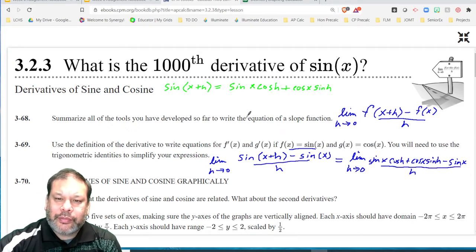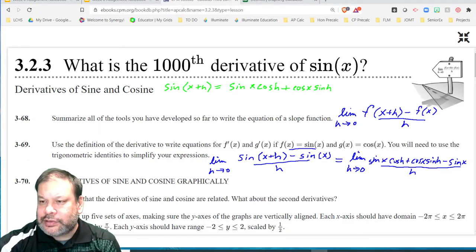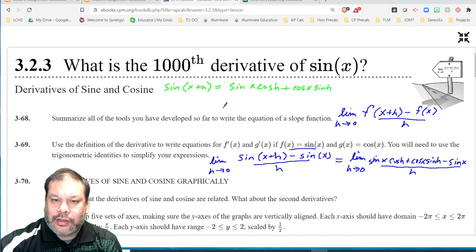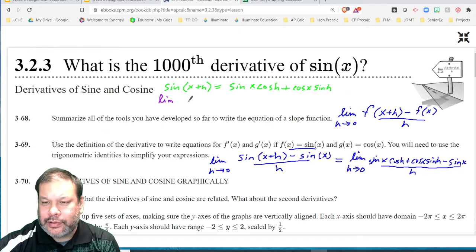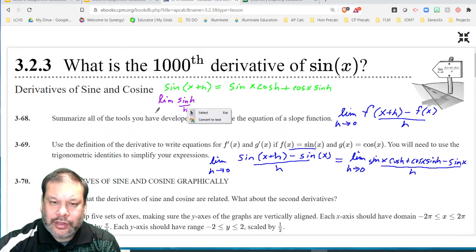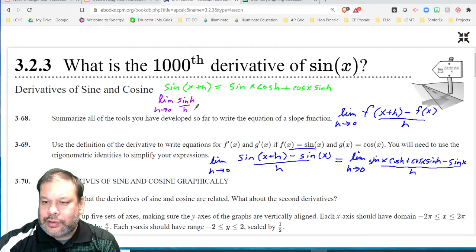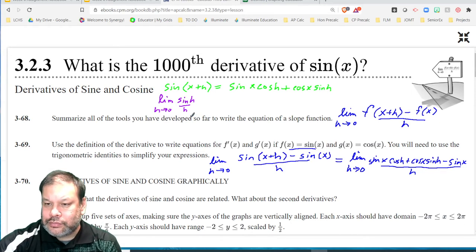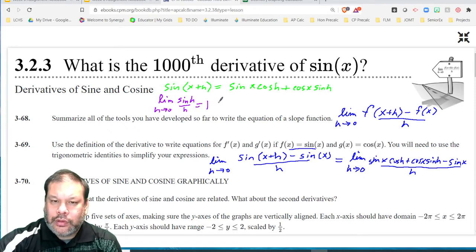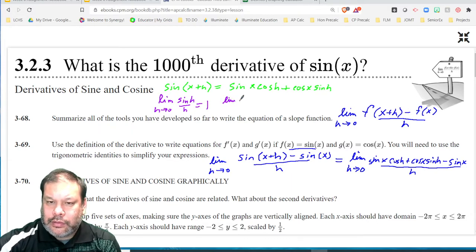So the other thing we have to remember is from chapter 2, we learned some of the limits of sine of h over h as h goes to 0, which is going to equal 1, and the limit of cosine h minus 1 over h as h goes to 0 is going to equal 0.